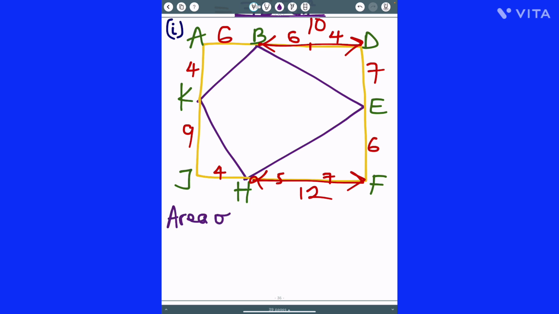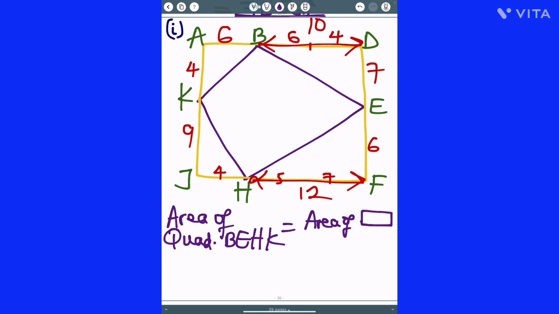Area of quadrilateral BEHK is equal to the area of rectangle ADFJ minus the sum of the areas of triangles.